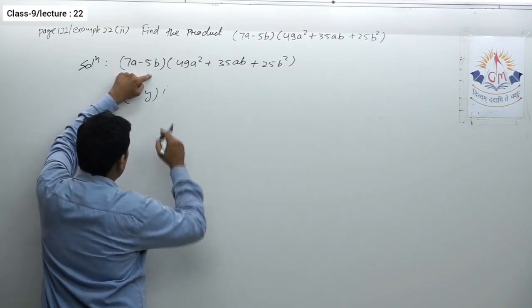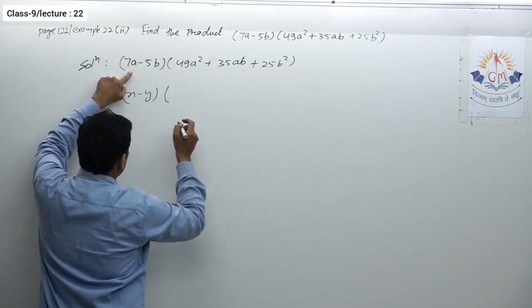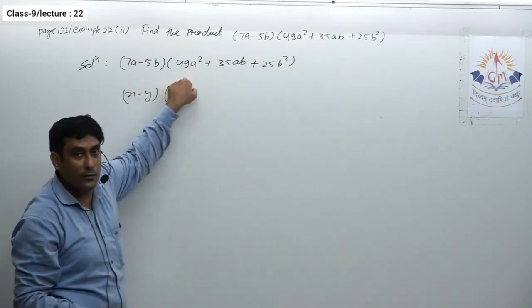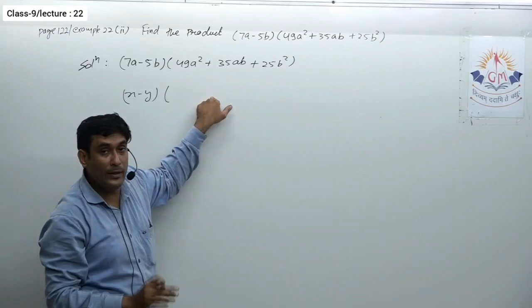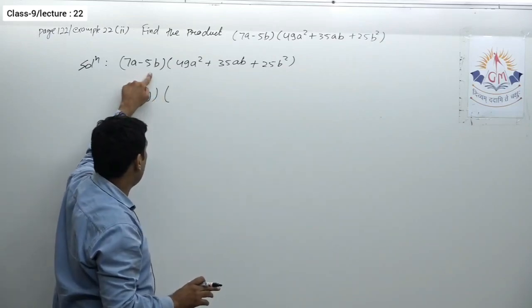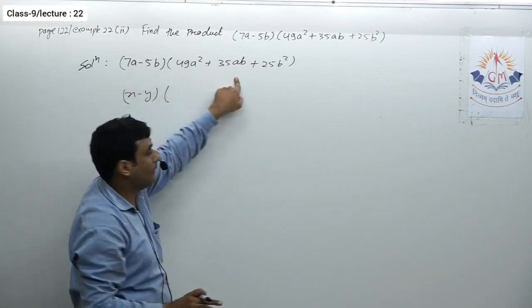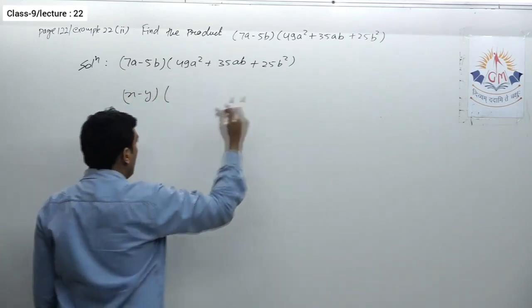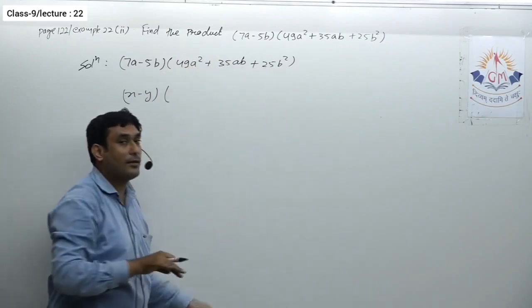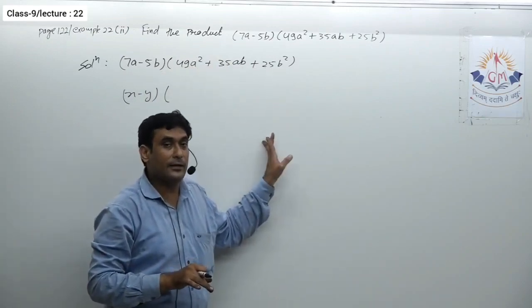Next should be a square, that means 7a whole square, which is 49a square. Yes. Then next should be ab, the product of these two, 7 into 5 is 35, a into b, ab. Yes, it is 35ab. And next it should be b square, that is 5b whole square, 25b square. Yes, exactly, it fits the identity.